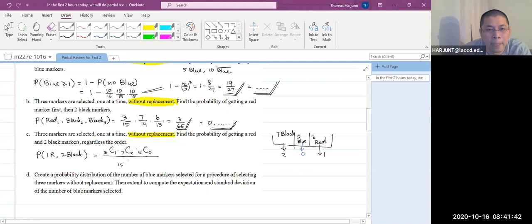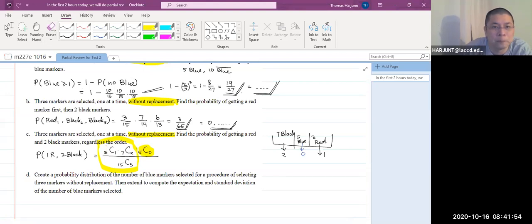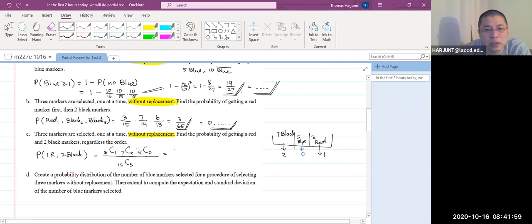If you write only this part, you're okay. You get the same answer, because 5 choose 0 is 1. It won't affect the solution. Then you use your calculator. This is 3, this is times 1. What is 15 choose 3? You can use your calculator, but I'm kind of lazy.